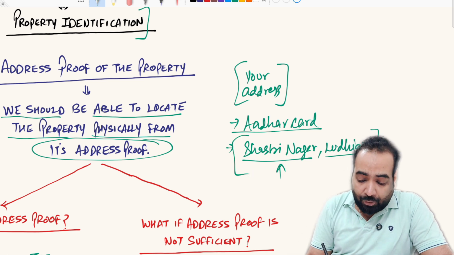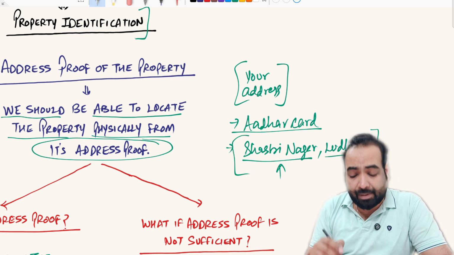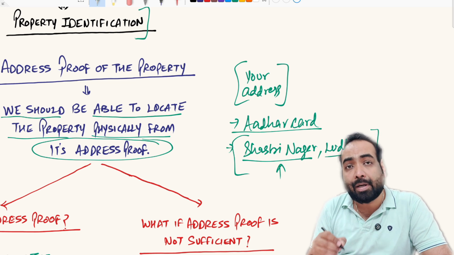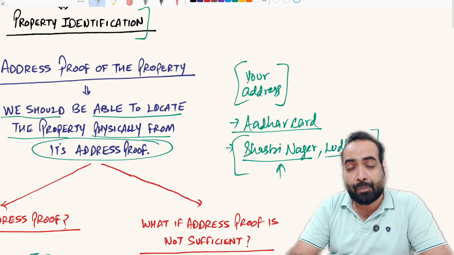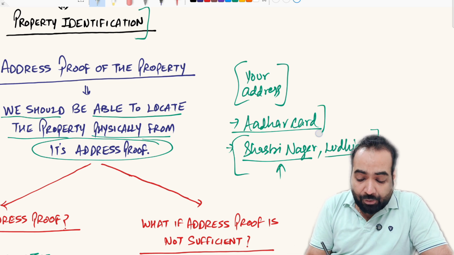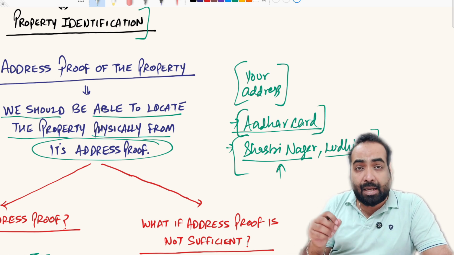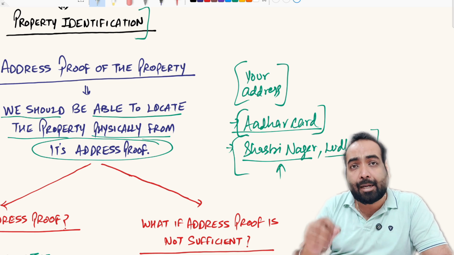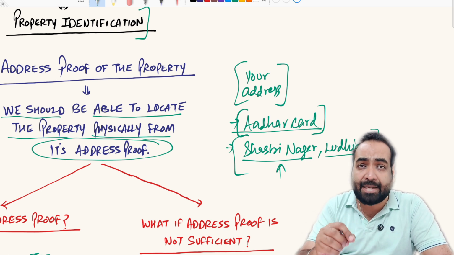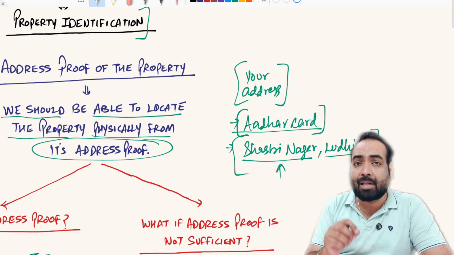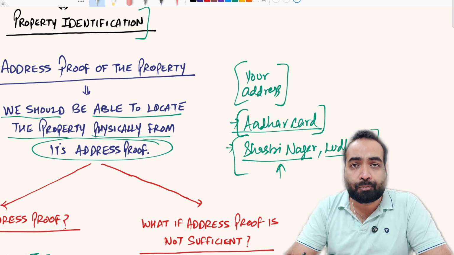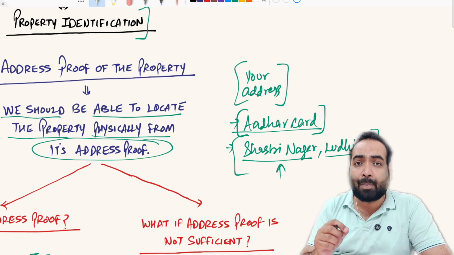That means your address is not traceable from your address proof. This is a critical concern. Your address proof should be such that if one reads the Aadhaar card address, he should be physically able to reach your exact address. That is the correct way of presenting your address in your government documents.